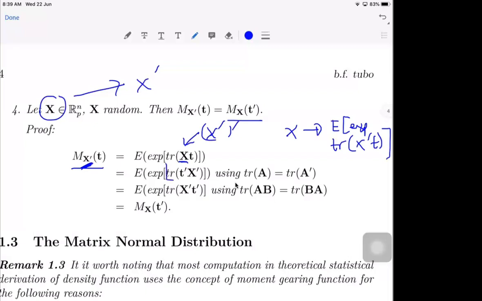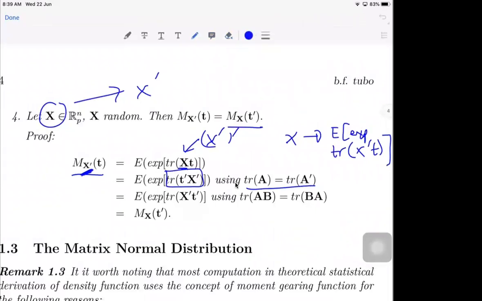And since we are dealing with the trace and we have this result, if your original matrix here is xt, and you get the prime of that, then that is t prime x prime, which is this one.